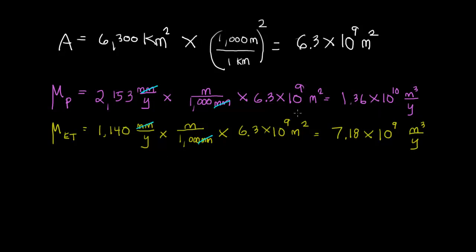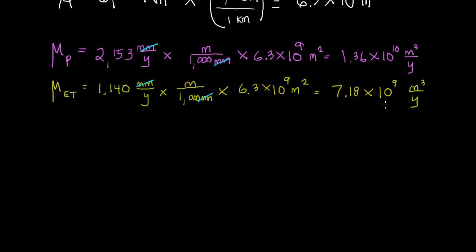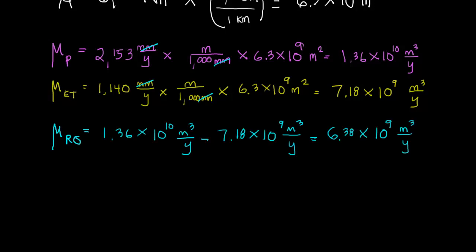All right, and so now we just take the difference between these two, and that's runoff, right? Because we wrote up top here that the runoff was just the difference between precipitation and evapotranspiration in the case where the change in storage is zero. So plugging those numbers in, this is what we get. And our answer is a little less than 6.5 billion cubic meters per year of runoff.